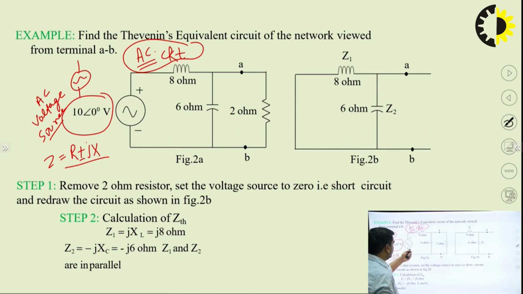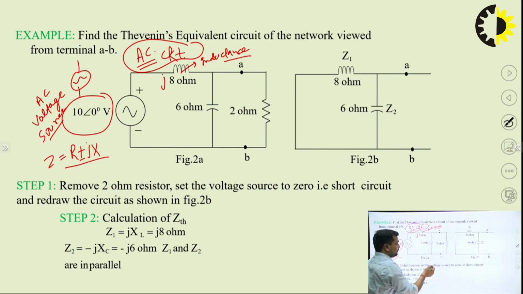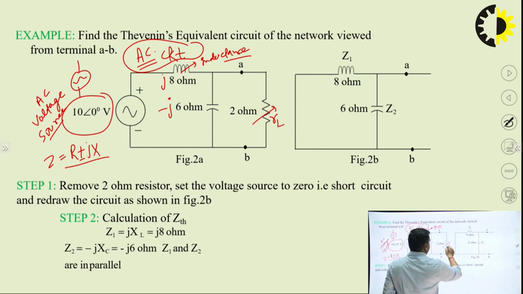Here it is 8 ohm, the symbol is an inductor. 8 ohm inductance means it is J8, JX. It is 6 ohm, that is capacitance, so you can write it as minus J6. And here the load RL is 2 ohm.